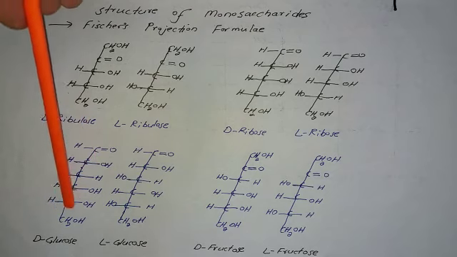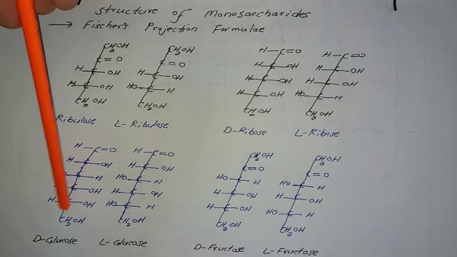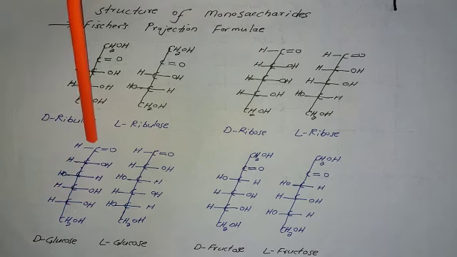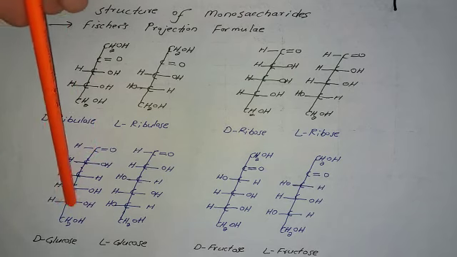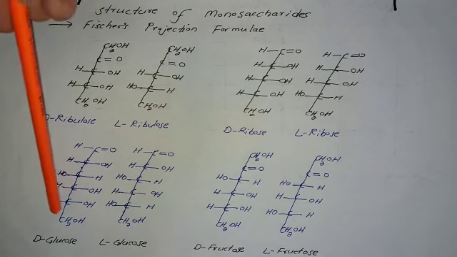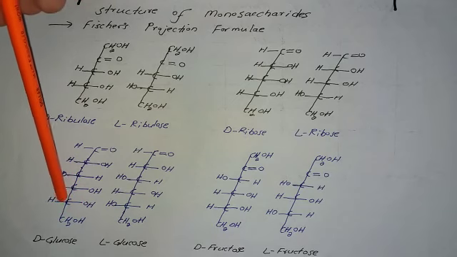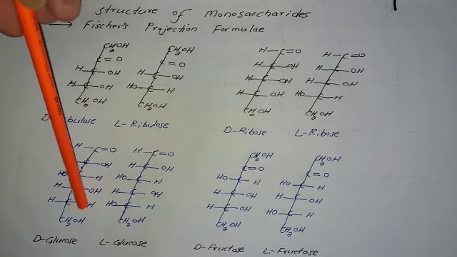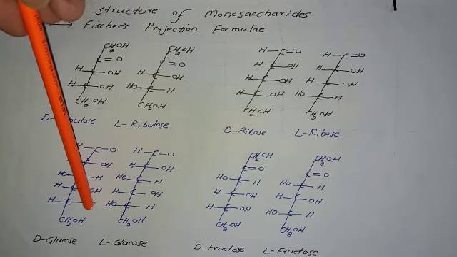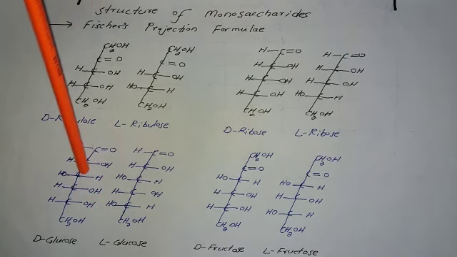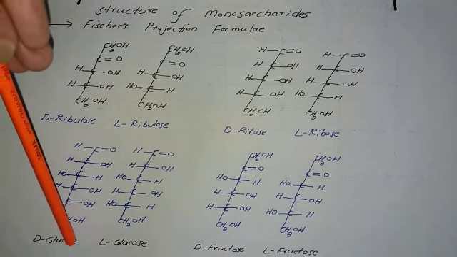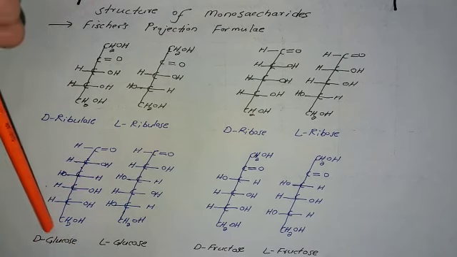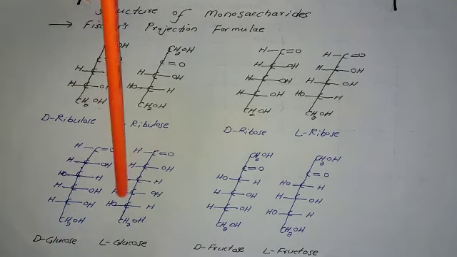Carbon number 5 is the asymmetric carbon farthest from the carbonyl group, so this carbon will be considered for the comparison with glyceraldehyde. To this carbon, the hydroxyl group is attached to the right side, so this structure is said to be D-glucose, or D configuration of glucose.